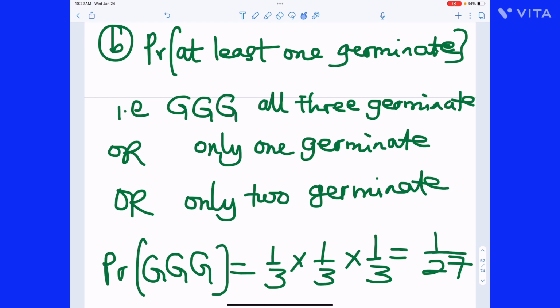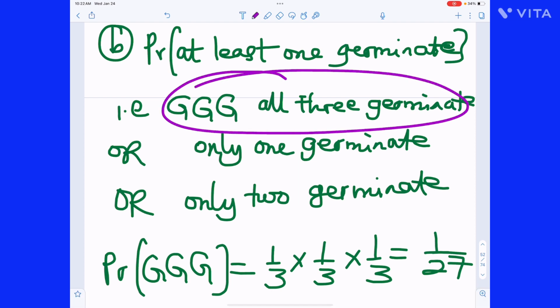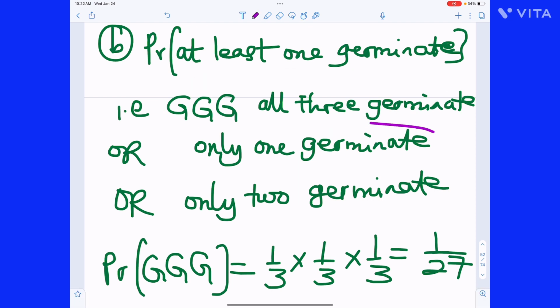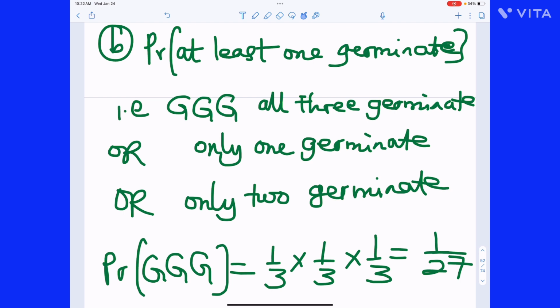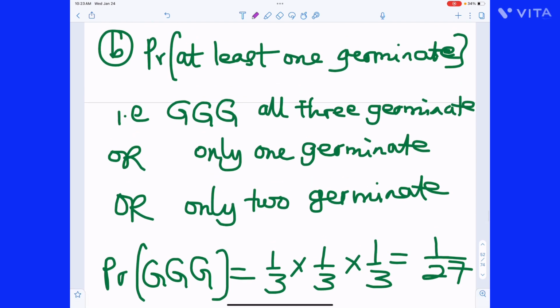You understand? So that's the probability that all 3 seeds germinate, or only 1 germinates, or only 2 germinate. At least 1 means 1, 2, or all 3 seeds germinate. Is that clear? Not 0.